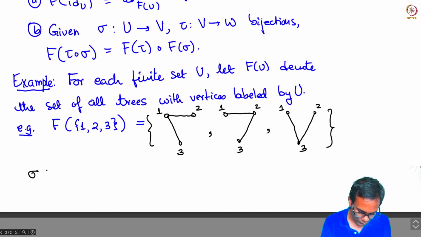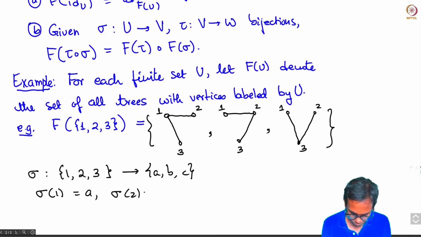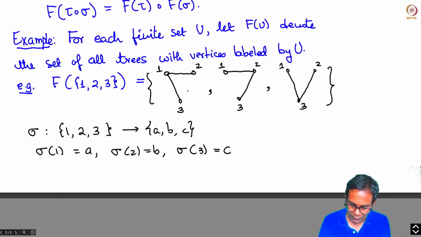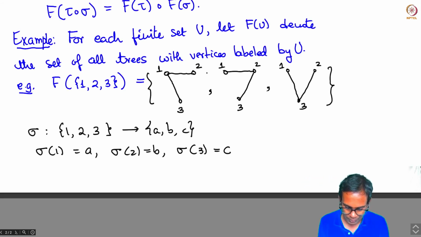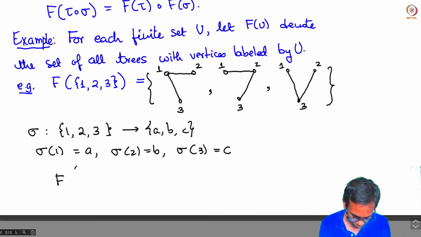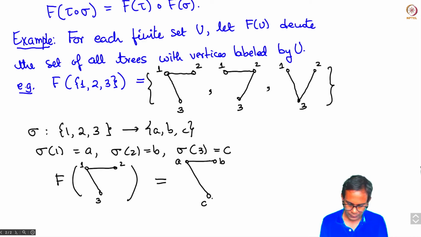And now suppose we have sigma. Let's take sigma to be a bijection from {1, 2, 3} to {A, B, C}, where sigma of 1 is equal to A, sigma of 2 is equal to B, sigma of 3 is equal to C. Then each of these tree structures with labels 1, 2, 3 will give rise to a tree with labels A, B, C, where you replace the labels of the original tree with the transformed labels. So this is F on the level of morphisms.